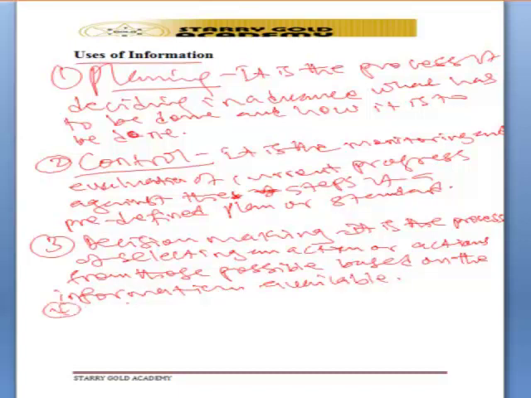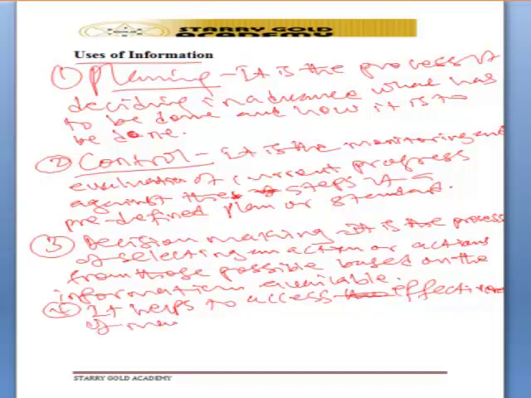Then number 4, it helps to assess the effectiveness of management policies, because when management formulates a particular policy, they will still need feedback, they will still need information in order to be able to know whether that policy is effective or not.